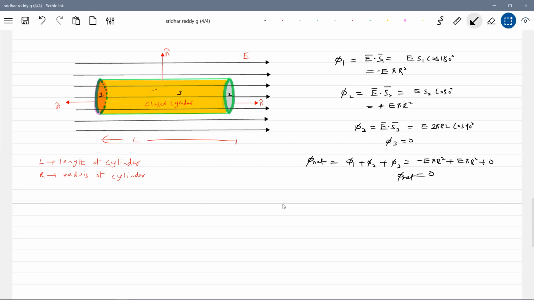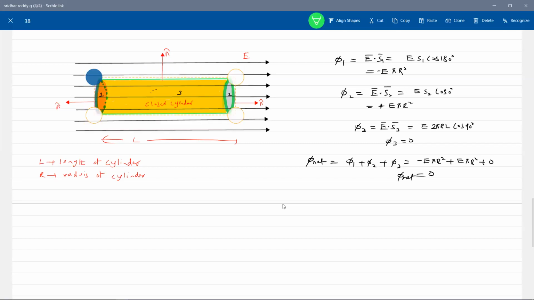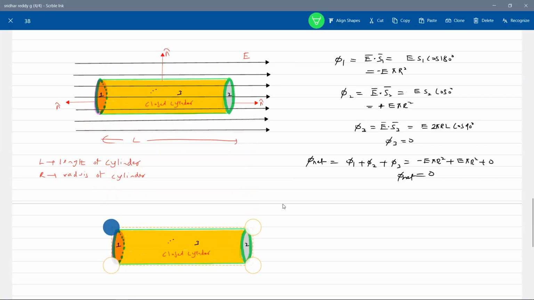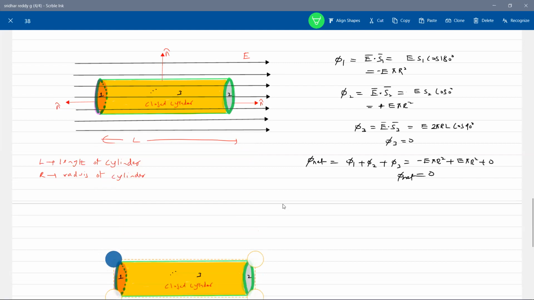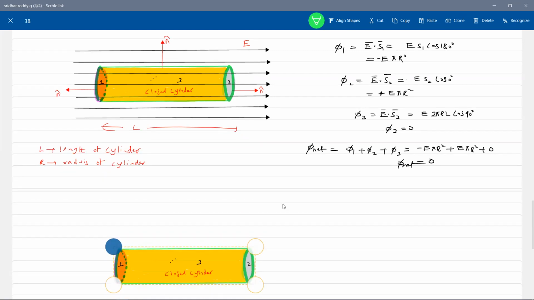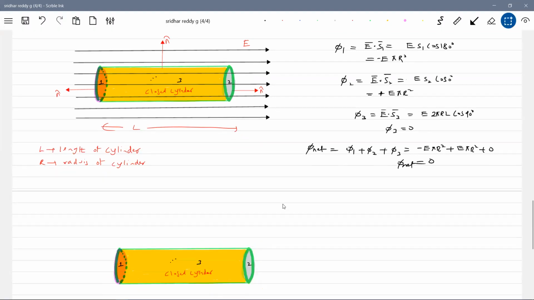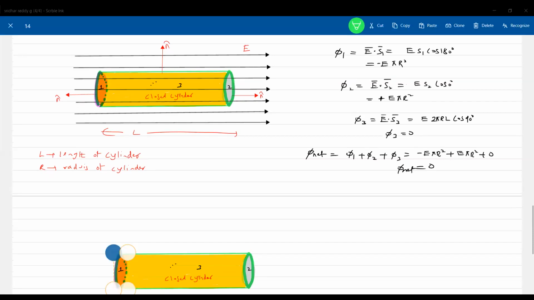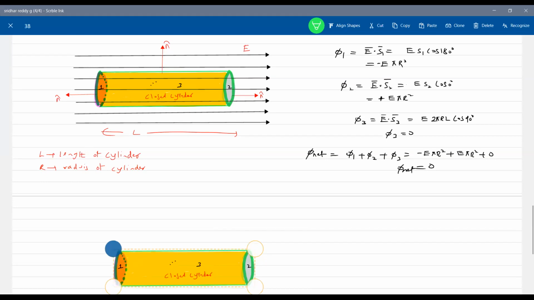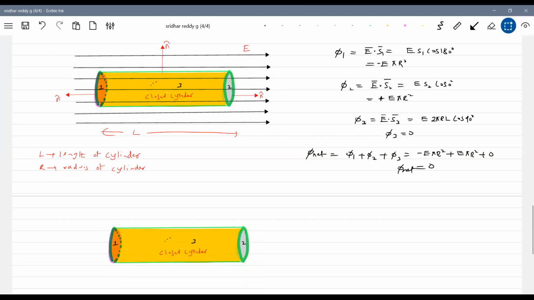So the same cylinder, let me bring. I can draw another diagram easily. Okay, now let me bring another type of field.